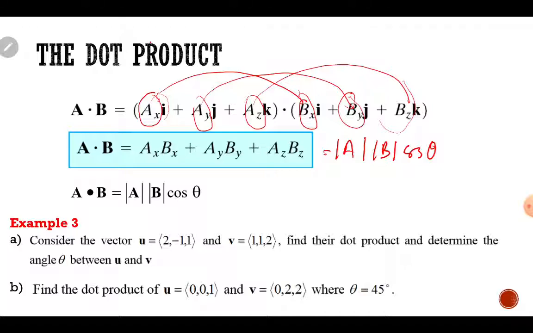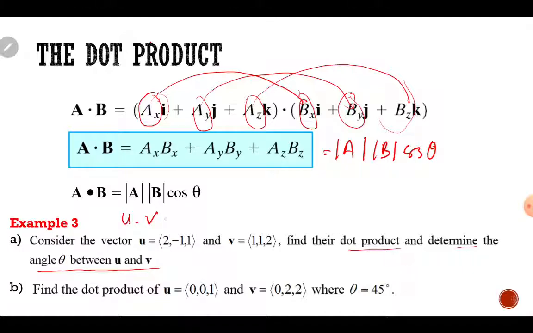Okay, so katakanlah soalan ni example 3, let us discuss example 3 here. Consider a vector U sama dengan 2, -1, 1 and V is 1, 1, 2. Find their dot product and determine the angle between U and V. There are two things that the question wants you to find. So we cari yang senang dulu.